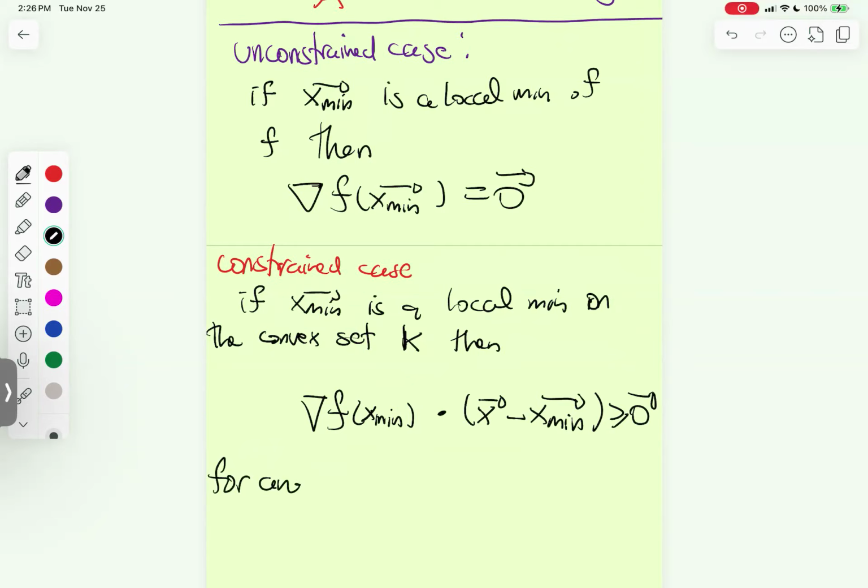For any x in K, at least sufficiently close, let's say close enough, to x, because it's a local minimum.